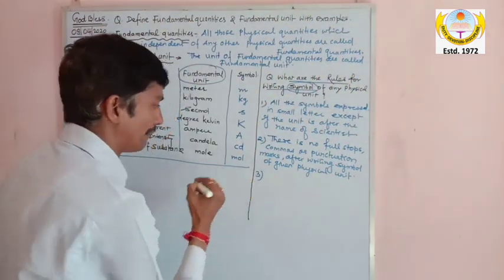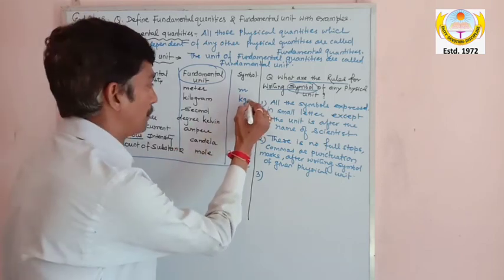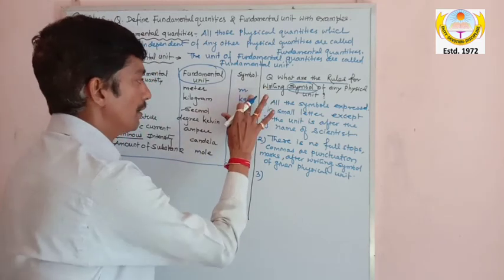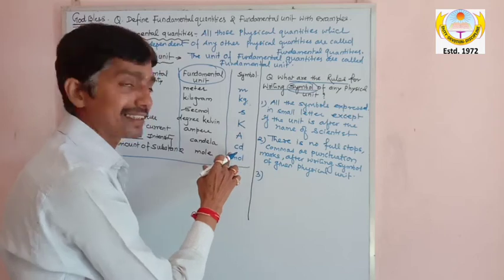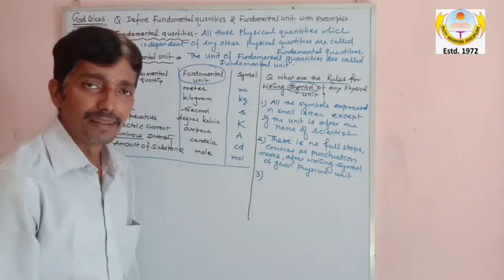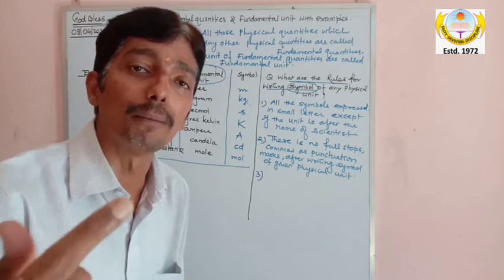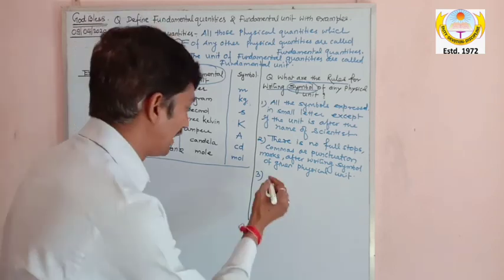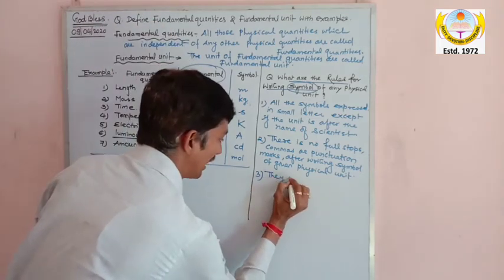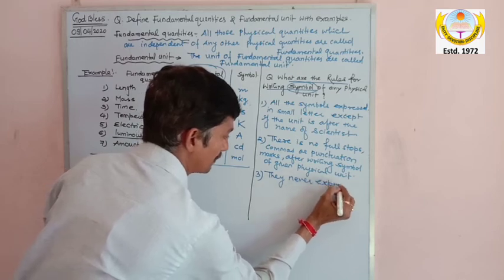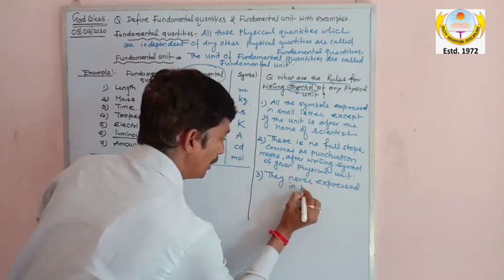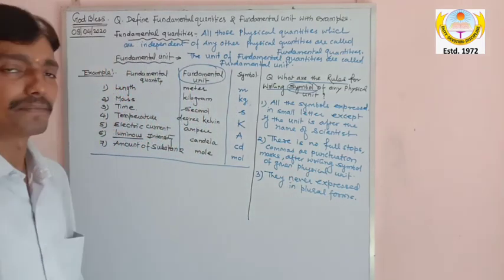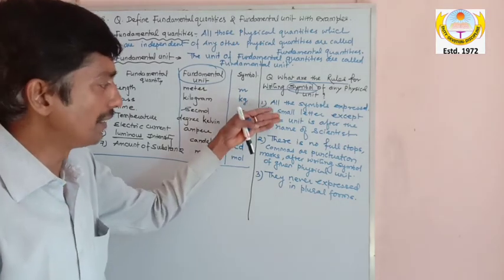And third, my dear, the very important one: we don't say kilograms, meters, kelvins, amperes, candelas, moles. We don't speak in plural form. So they are never expressed in plural form. So, these are the 3 rules I have given.